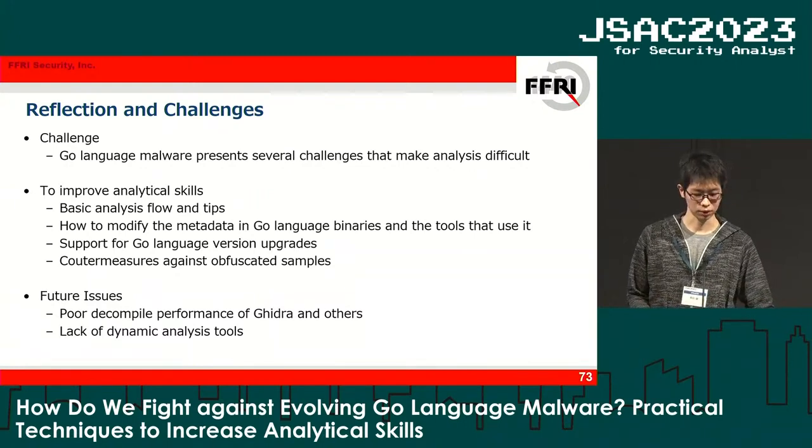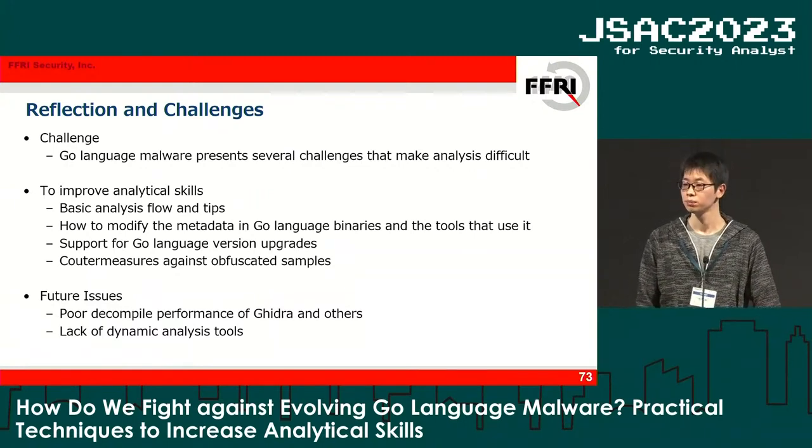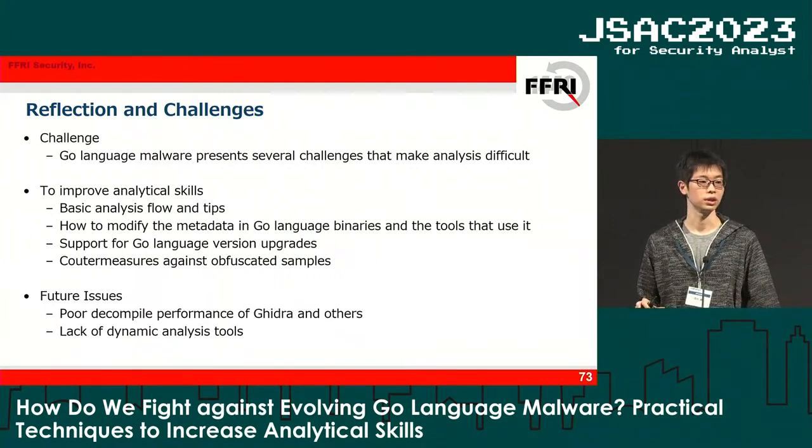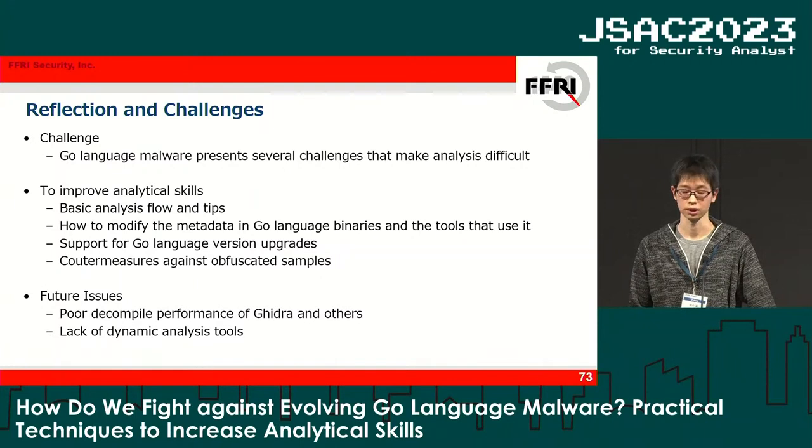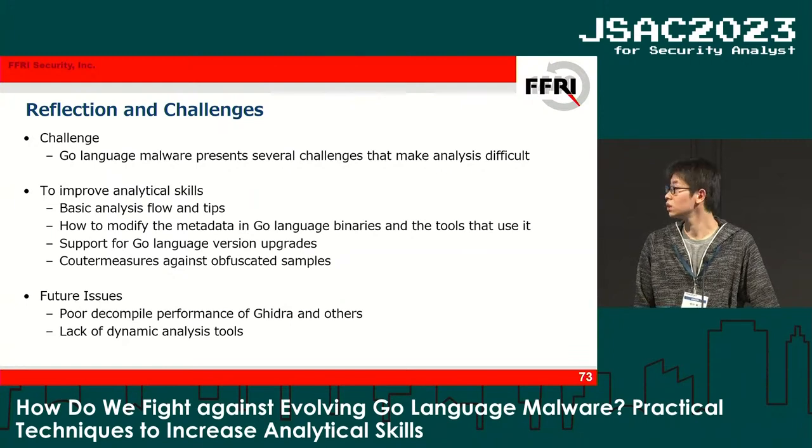When you can no longer use tools, we have to correspond to the Go language version, and I also showed some other measures. If your analysis of Go language malware becomes more efficient, that would make me happy.